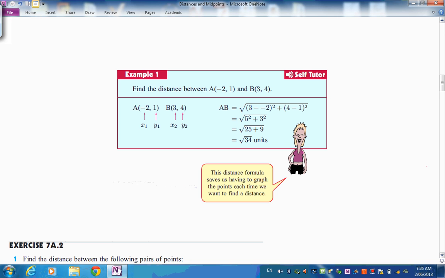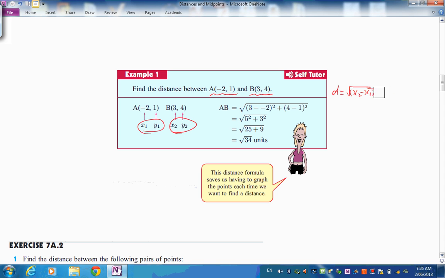Okay, so here we are. Example: distance between (-2, 1) and (3, 4). I wouldn't necessarily put those down, the diagram. I think I would try to mathematically explain what I'm doing by putting down the formula. I think that's good to put.